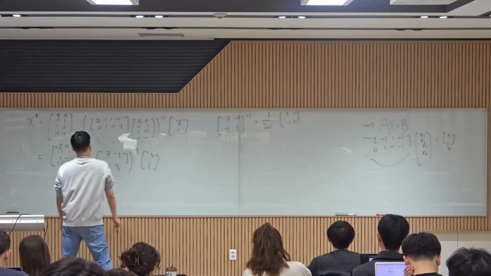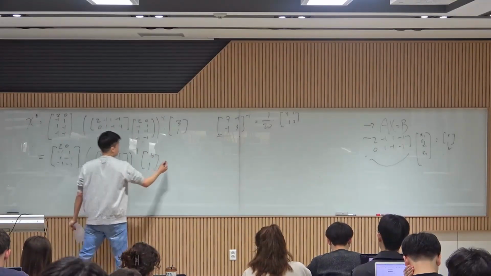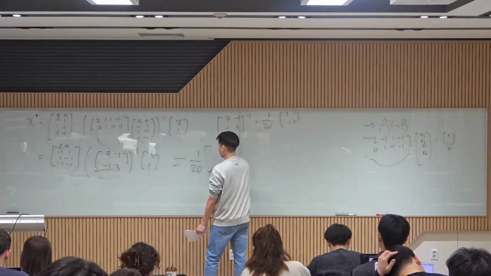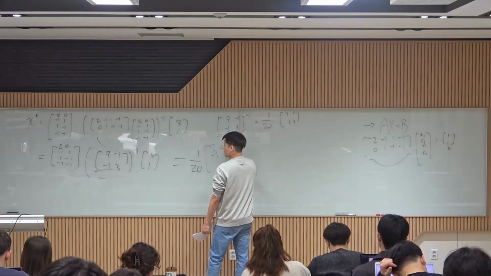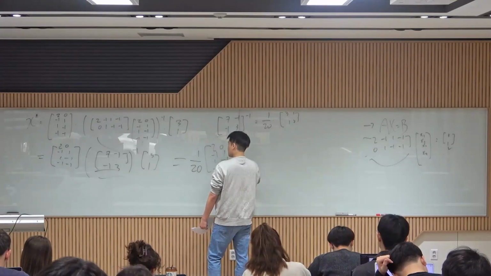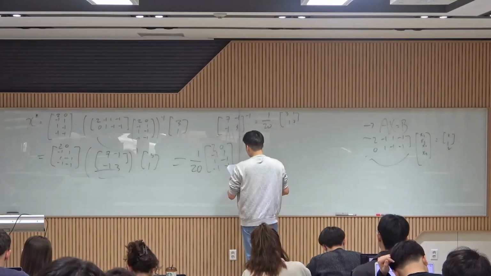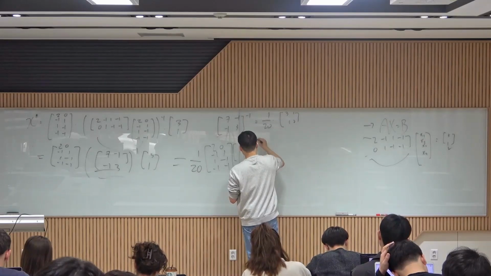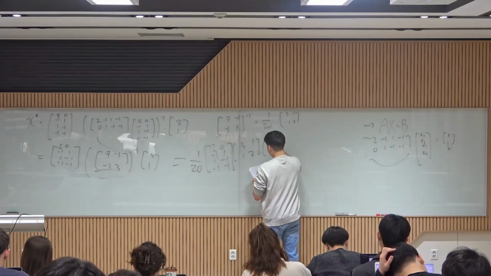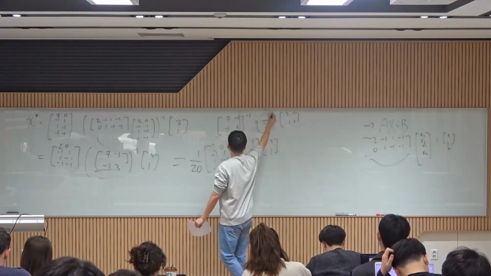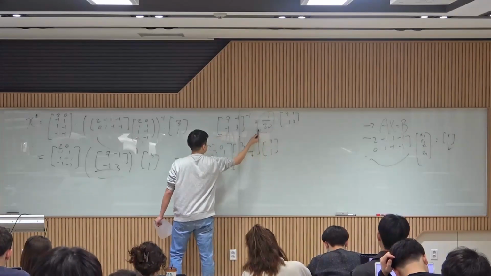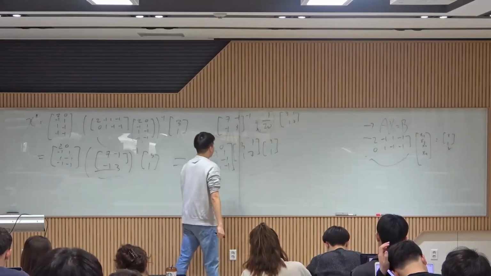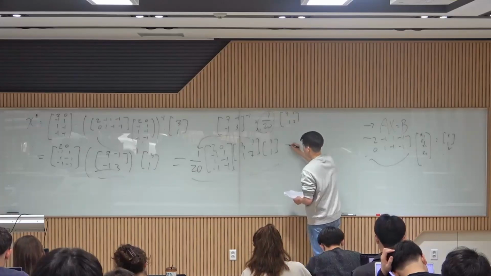So we know this matrix now, right? Then we're going to write this equation as... so I'm just moving this constant to the front of the matrix, okay?